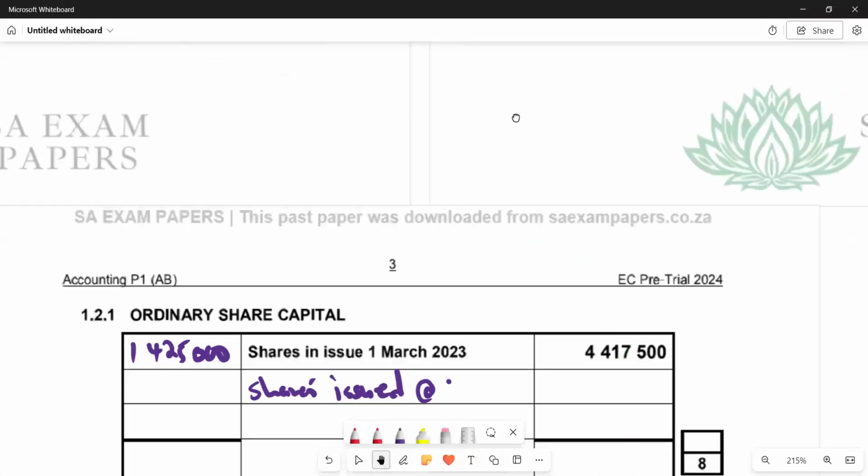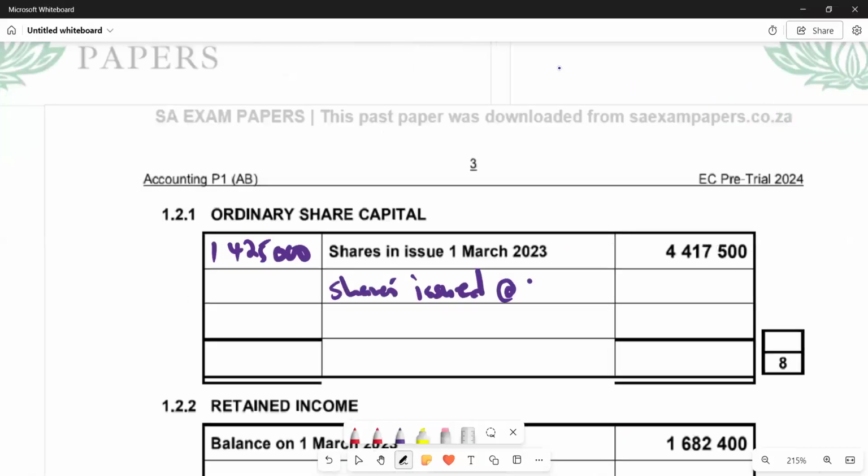So we are going to calculate it again. It's 3.90 rand, and they are 25% of the authorised share capital. So 25% as a decimal is 0.25, and then we multiply by 1,900,000, which is the authorised share capital. When you calculate like that, the number that we get is 475,000.